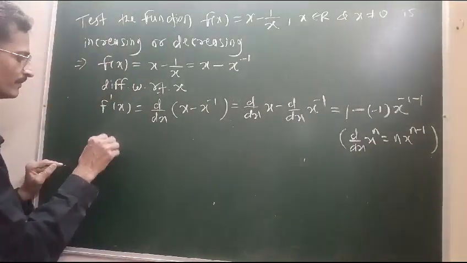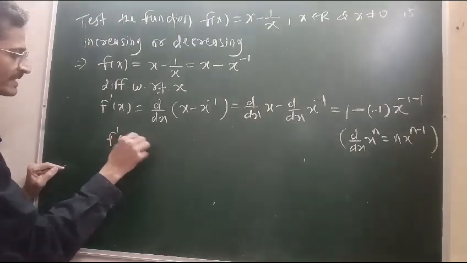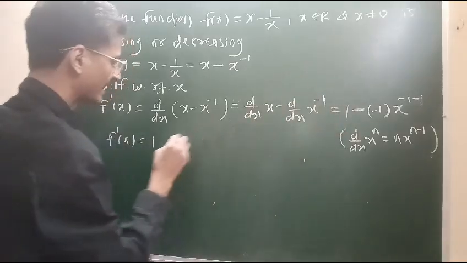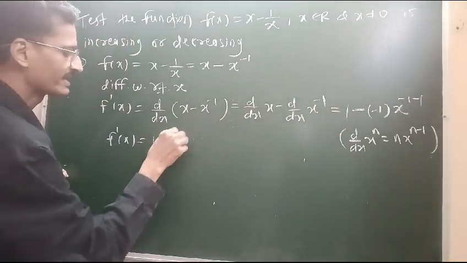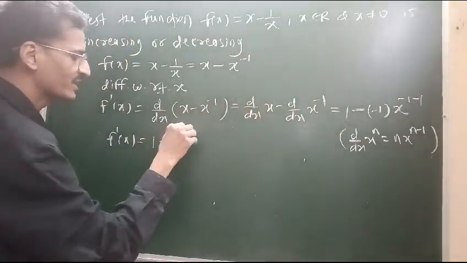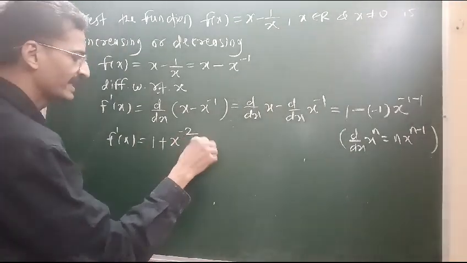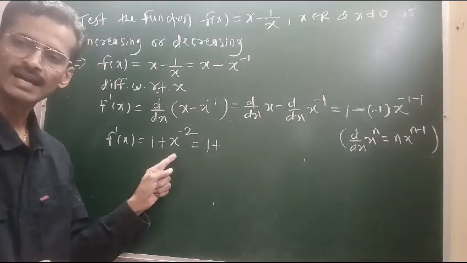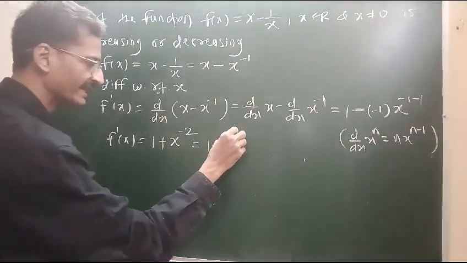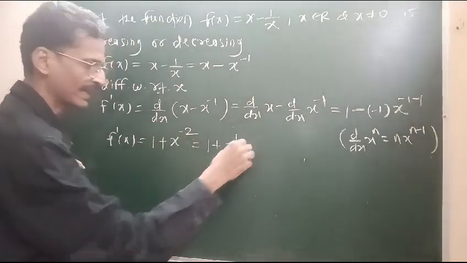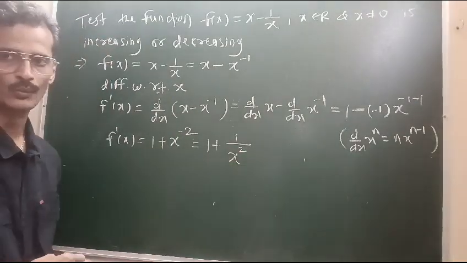Therefore f'(x) is 1 minus of minus, plus x raised to minus 2. Now this we can write as 1 plus x raised to minus 2, again written as 1 upon x square, x raised to 2.